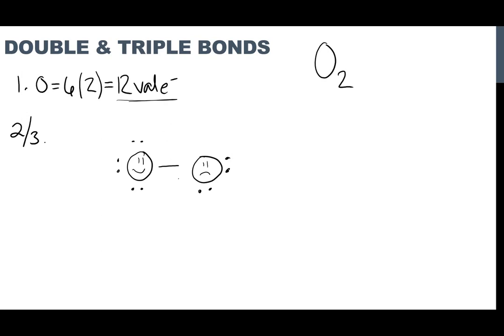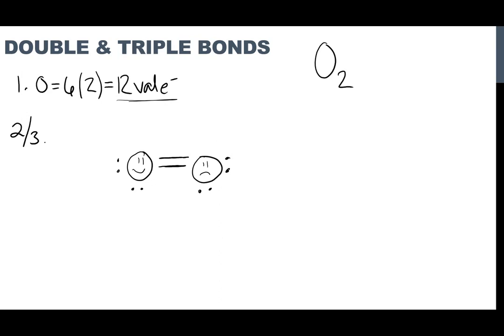So instead of these 2 oxygen atoms just sharing 2 electrons, I can take a lone pair from somebody that is already happy, and I can throw that lone pair into a bonding pair. Okay. So I just simply moved these 2 lone pairs and I made it a bonding pair.